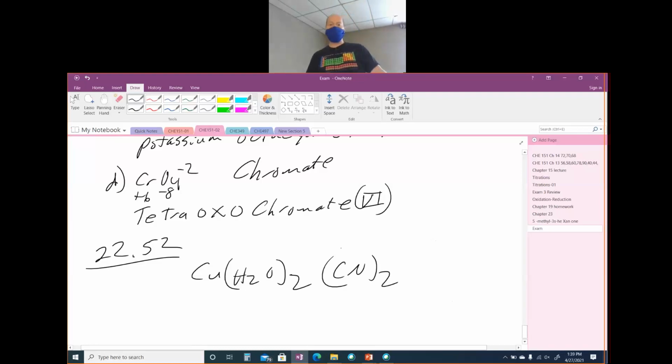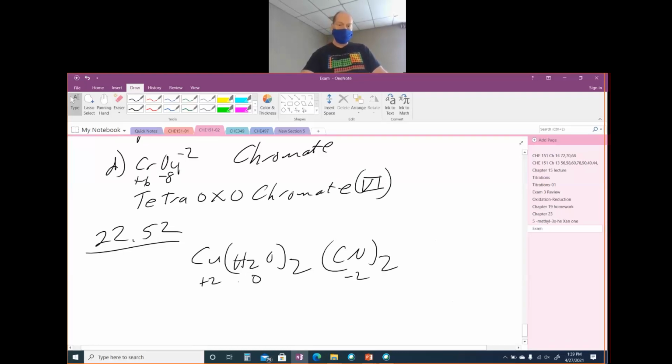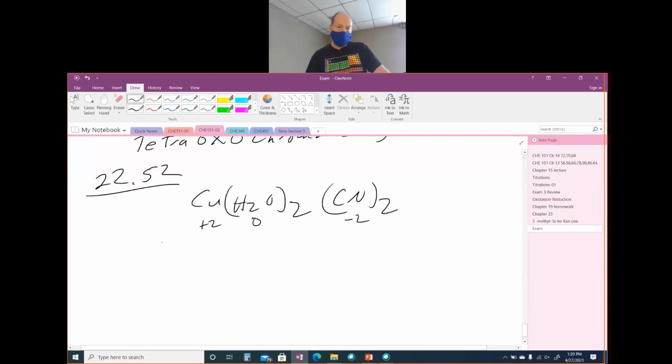So this is copper 2 because you have 0 for the charge there. CN is -1, so that's -2. So the copper has to be a +2. If we're doing the coordination number, that is 4. 2 for the 2 waters, 2 for the 2 cyanos. And so we have to then have our copper, that is 2.